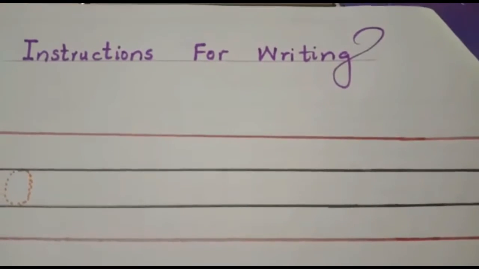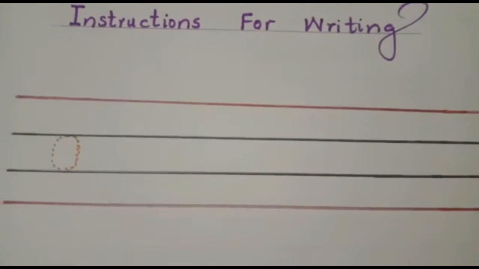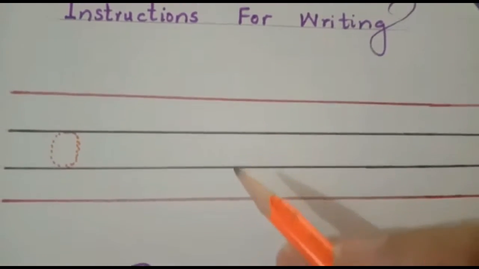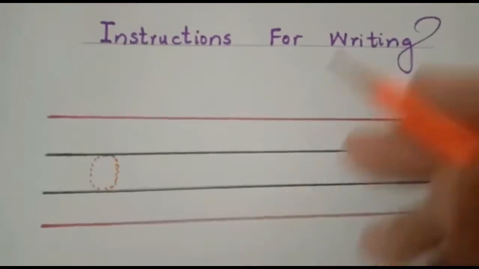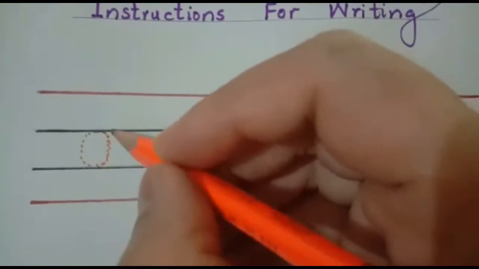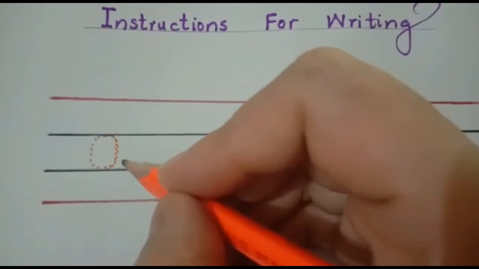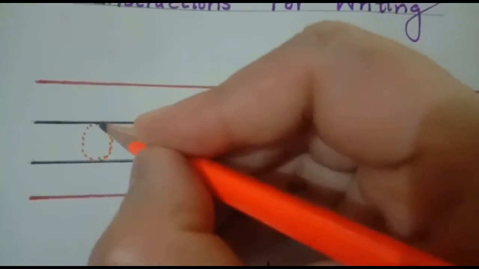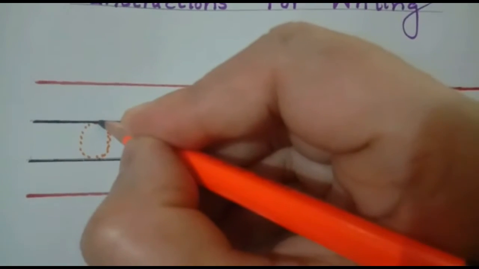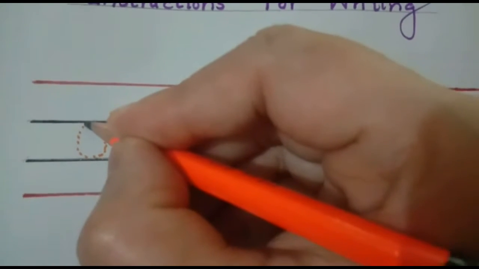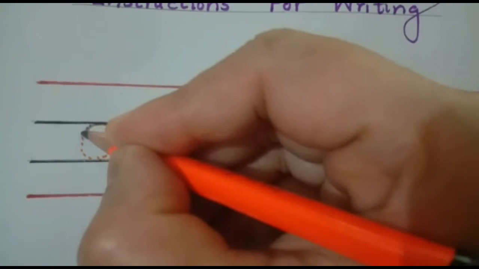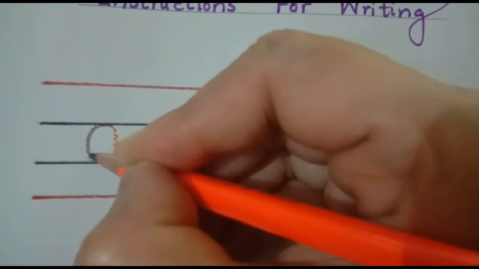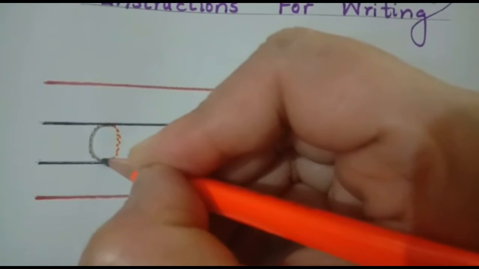Now it's time for writing. So how will we write small o on this line pattern? First of all, I will trace this letter in front of you. For small o, you will start from the middle line like this and come down and make an anti-clockwise curve like this.